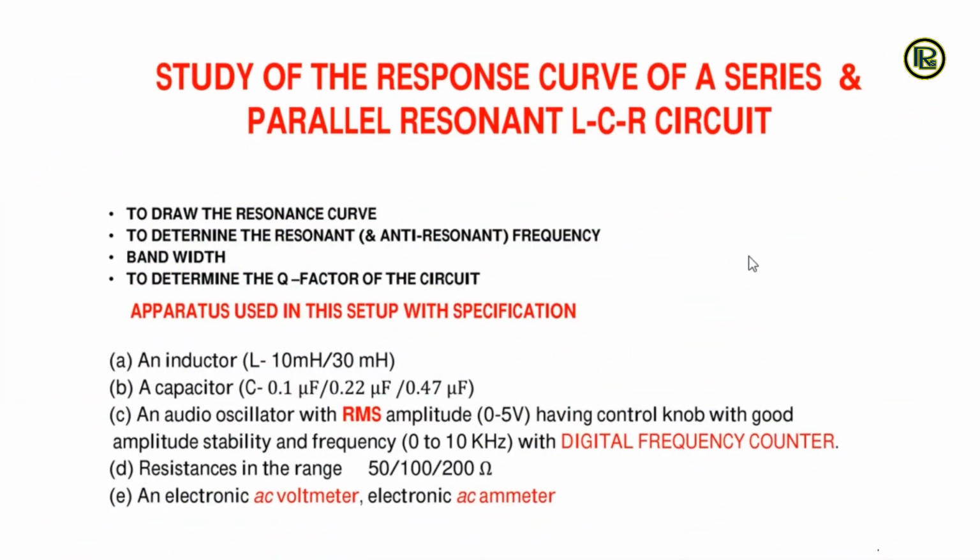The experiment has the heading Study of the response curve of a series and parallel resonant LCR circuit, and the aim of this experiment is to draw the response curve and to determine the resonant frequency of the LCR series circuit and the anti-resonant frequency for the LCR parallel resonant circuit, and to determine the bandwidth of the resonance curve, and finally to determine the Q factor or the quality factor of the series and parallel LCR circuit.